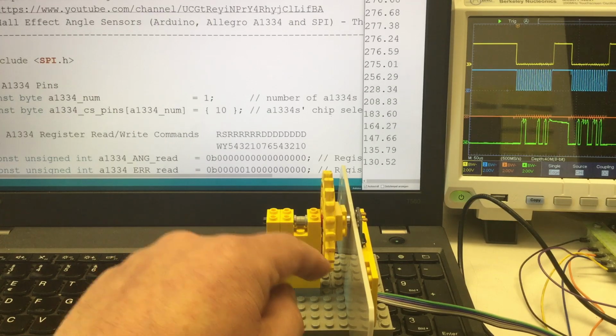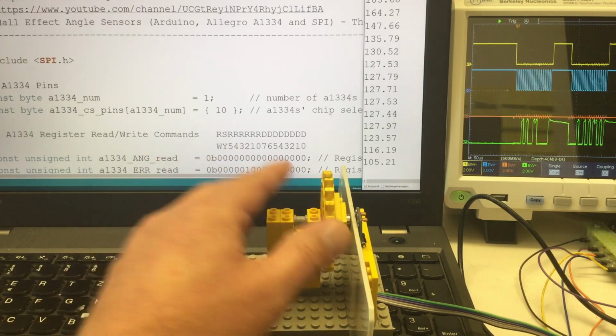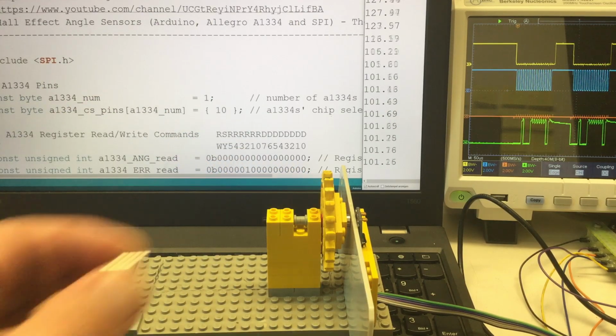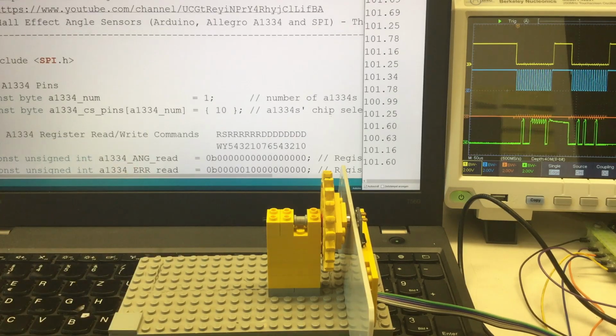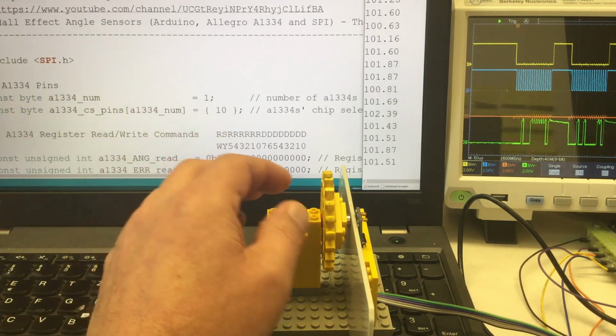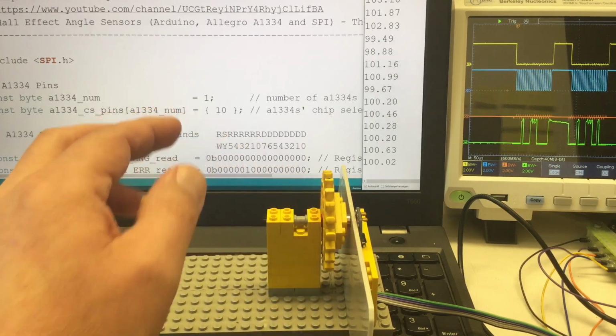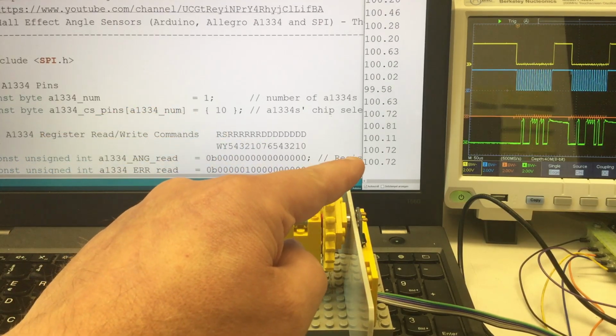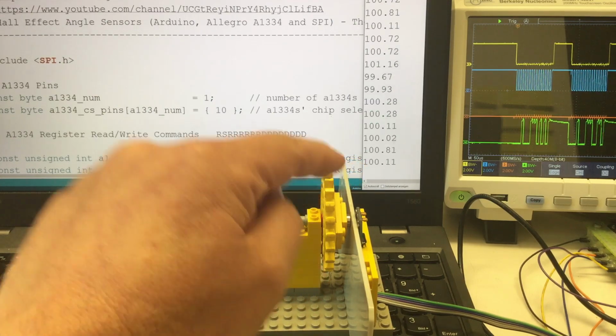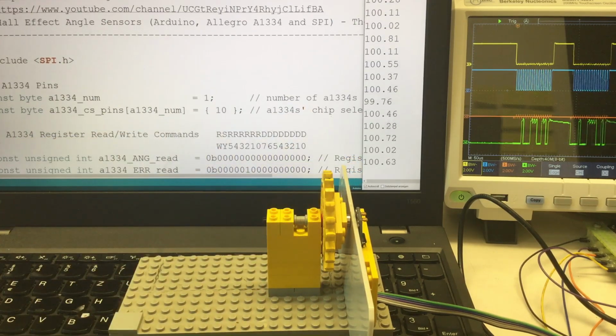The reason being, I want to test something out with some more magnets. So yeah, we're almost here at 100 degrees. Okay, pretty much at 100 degrees readout here from the position.